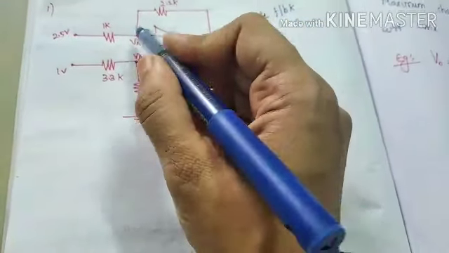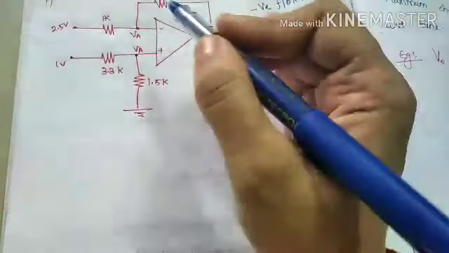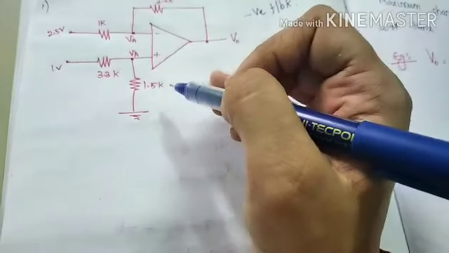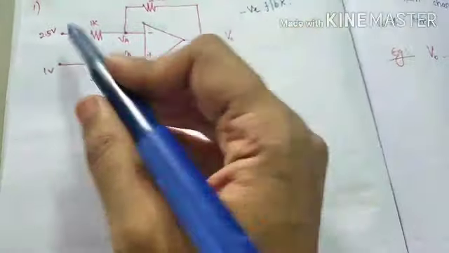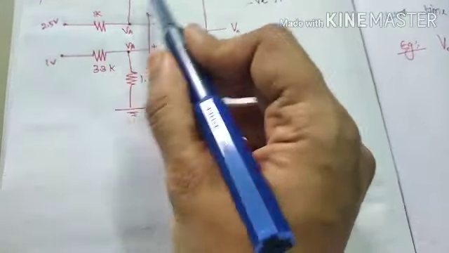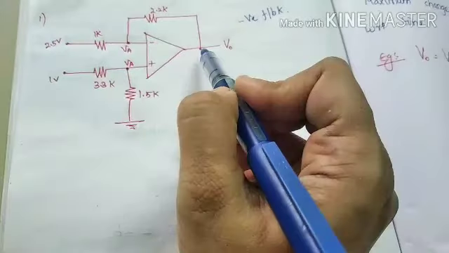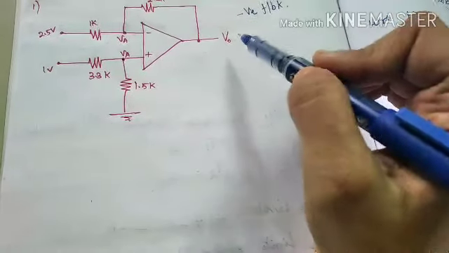We consider both the voltages to be the same, equal. That is said to be the virtual ground. Our next step is to apply KCL over this loop, then we will get V0, the output voltage, as our answer.